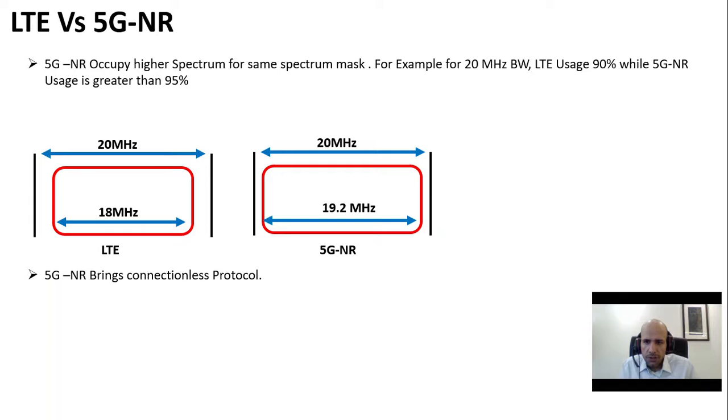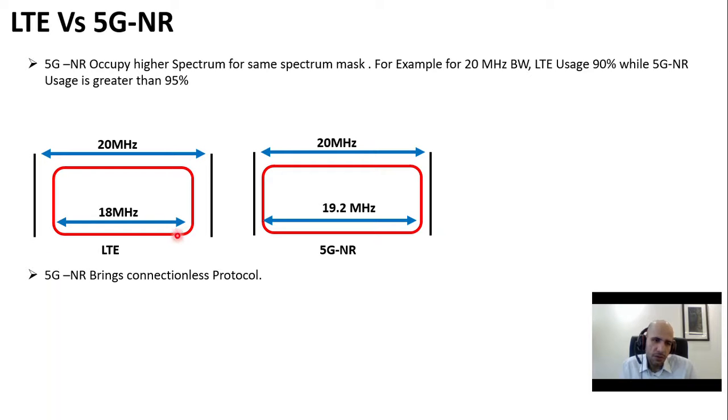In 4G the maximum throughput will be 413 megabit per second, but in 5G it will be more than this, around 450 megabit per second you can achieve.